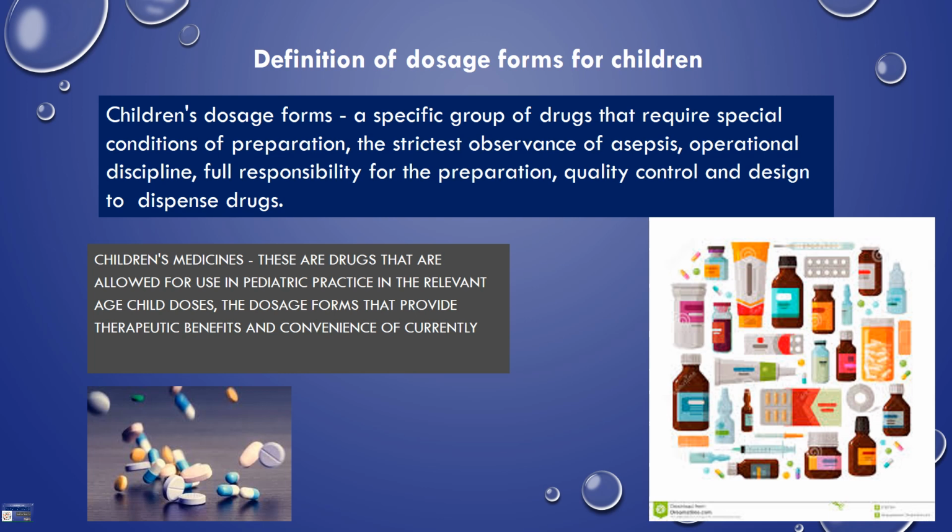So, definition of dosage forms for children. Children's dosage forms are a specific group of drugs that require special conditions of preparation, the strictest observance of asepsis, operational discipline, full responsibility for the preparation, quality control, and design to dispense drugs.